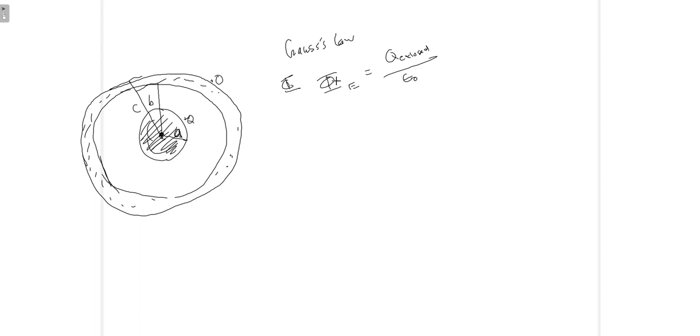Now the electric flux is also equivalent to the surface integral of the electric field over the surface. So if I rewrite this, this is the surface integral of the dot product between the electric field and the unit normal vector of the surface.